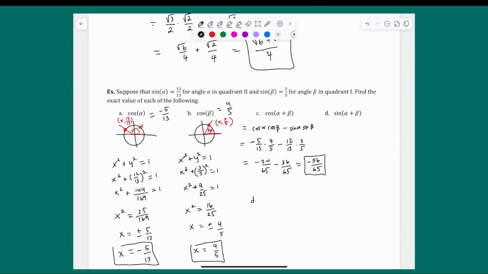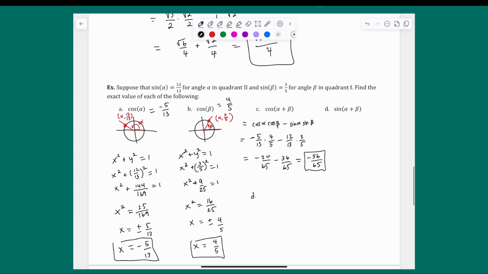Part D here, which I'll do over here below, so I have more space. Sine of alpha plus beta is the same thing as saying sine of the first angle alpha times cosine of the second angle beta, and then plus cosine of the first angle alpha times sine of the second angle beta.